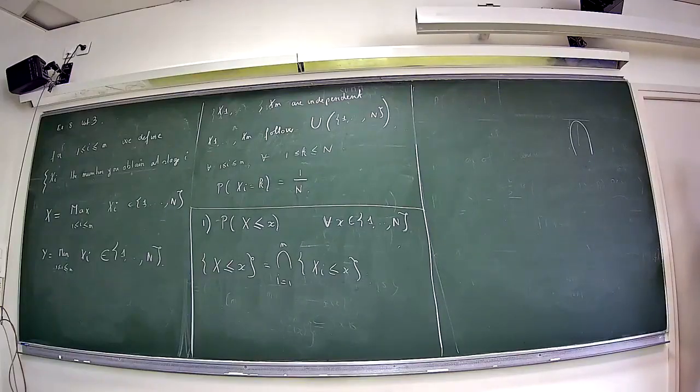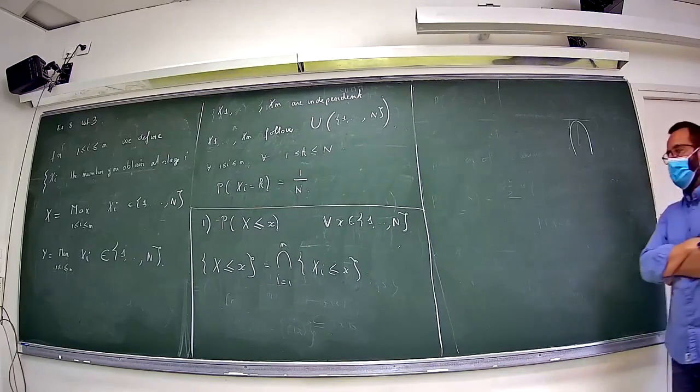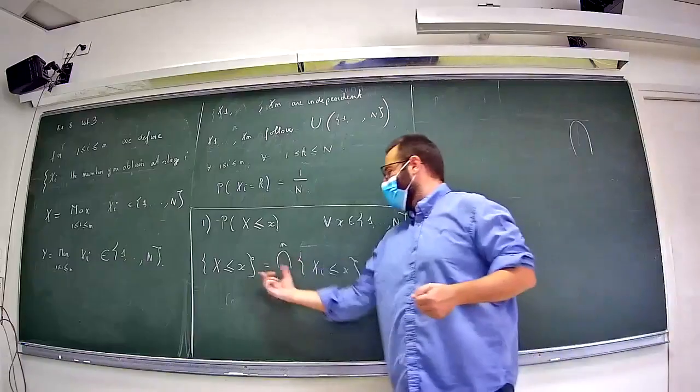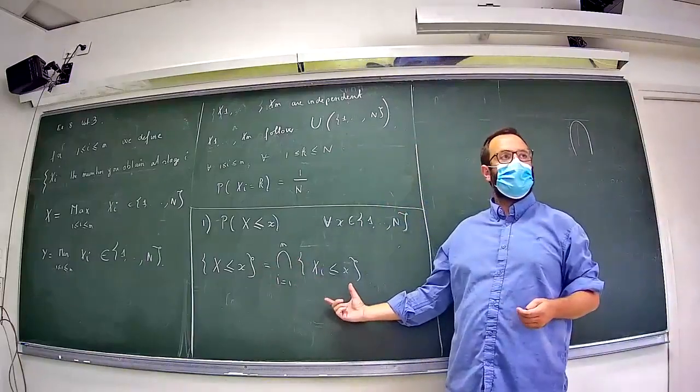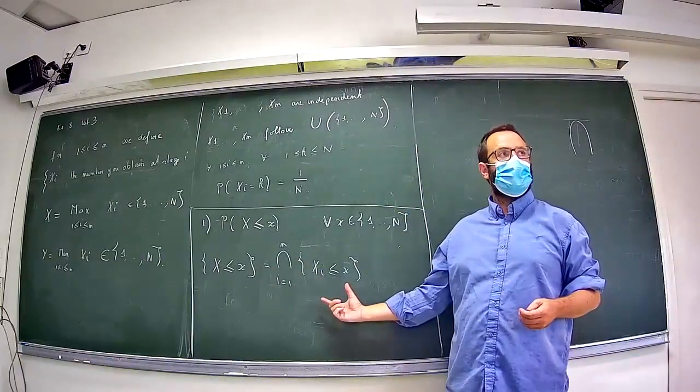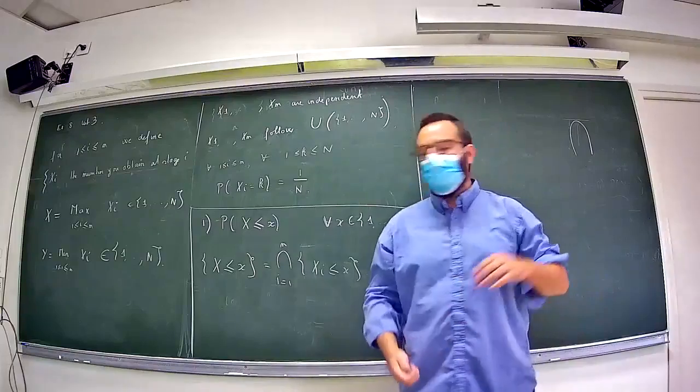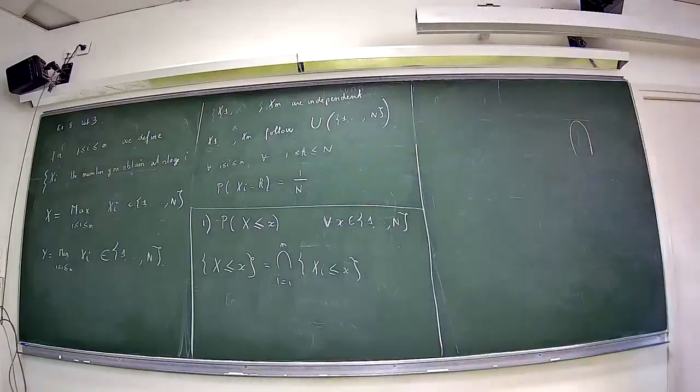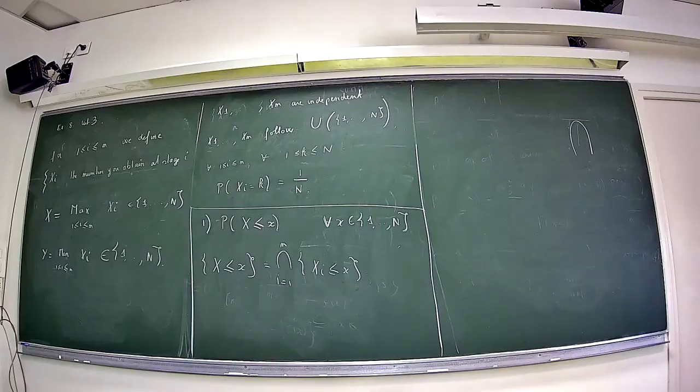So the maximum is less than x if and only if they are all less than small x. It's exactly what I can translate by this set being the intersection of all these ones. Why small n and not capital N in the intersection? Because I do small n drawings.